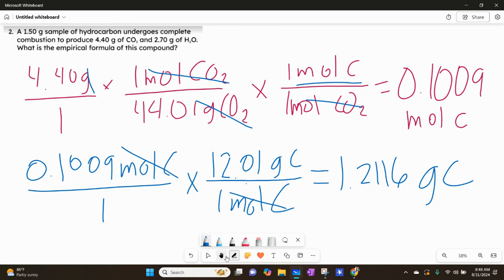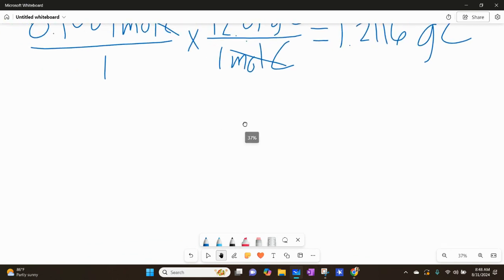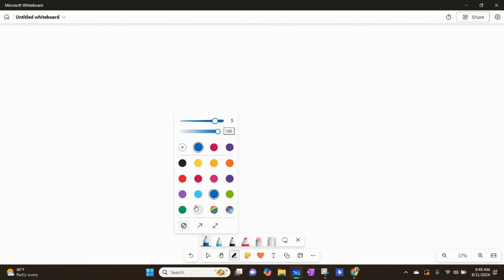So we're going to scroll down a little bit. Zoom back up. Okay, let's find our hydrogen. So we have 2.70 grams of H2O over 1. Make sure that's a 0.